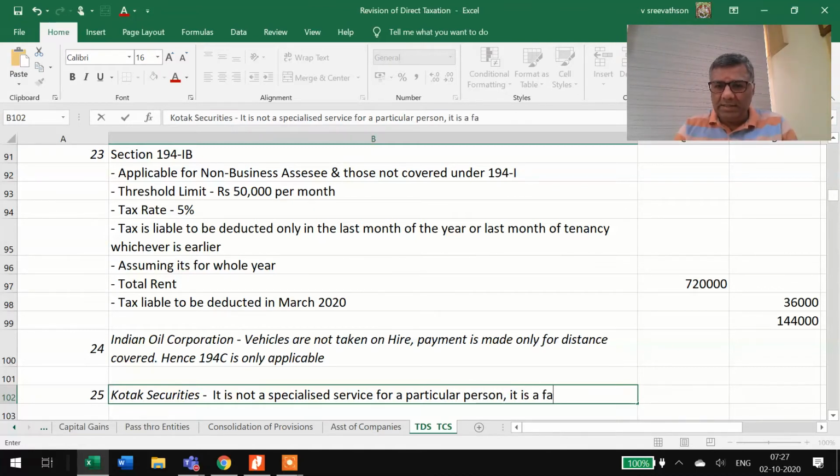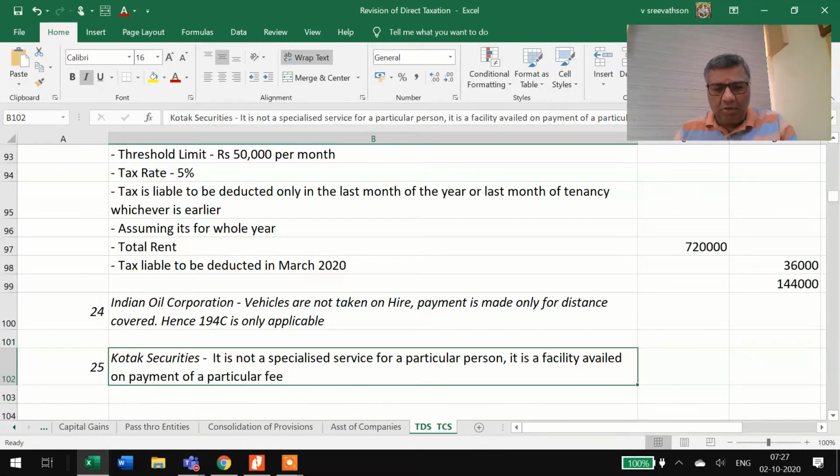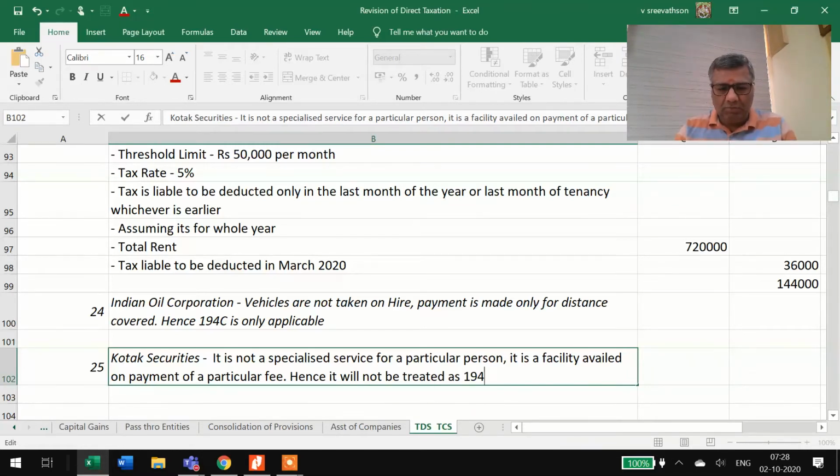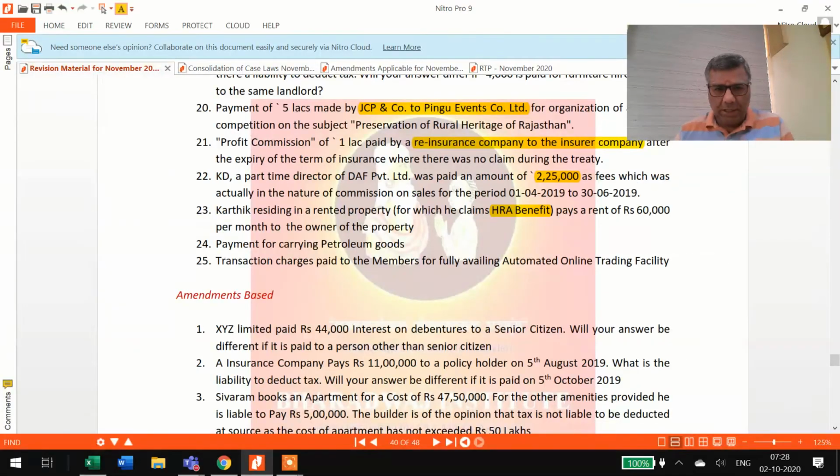It is a facility availed on payment of a particular fee. Hence, it will not be treated as 194J.